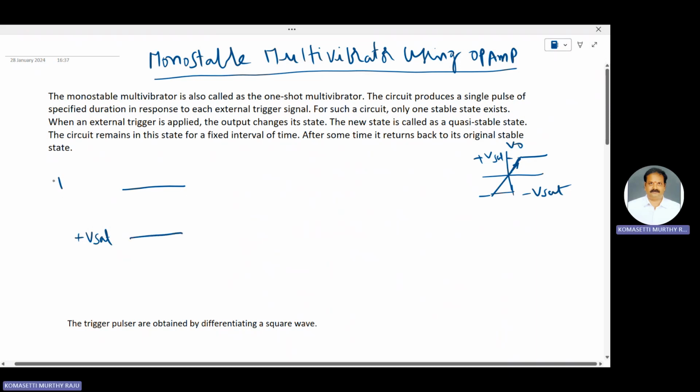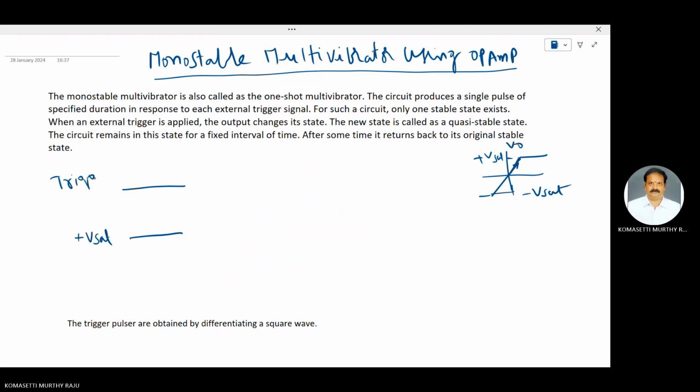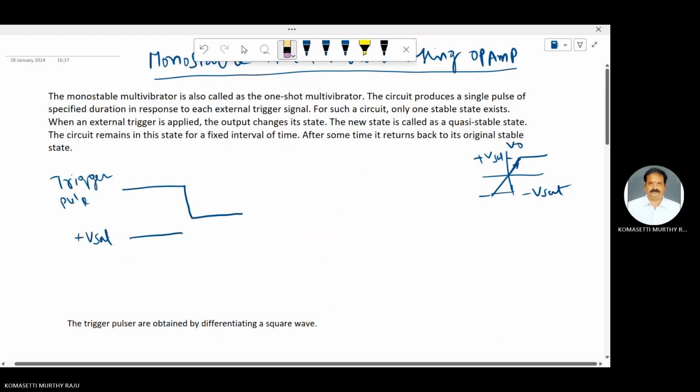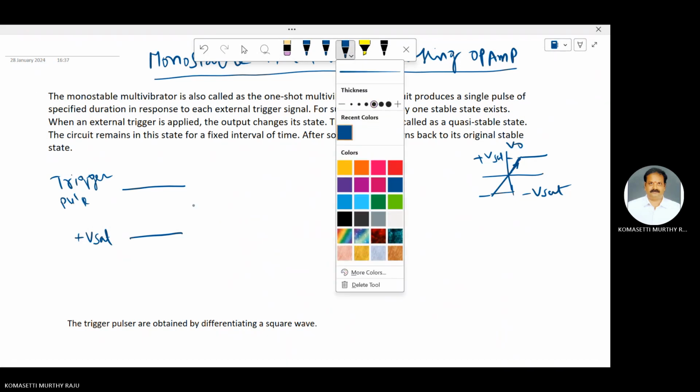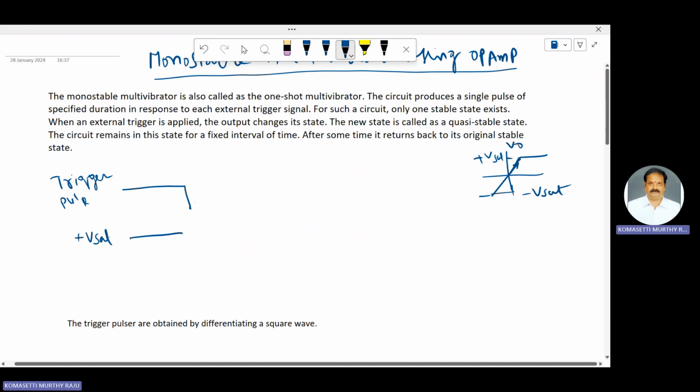This is the trigger pulse. Some trigger pulse is applied here.